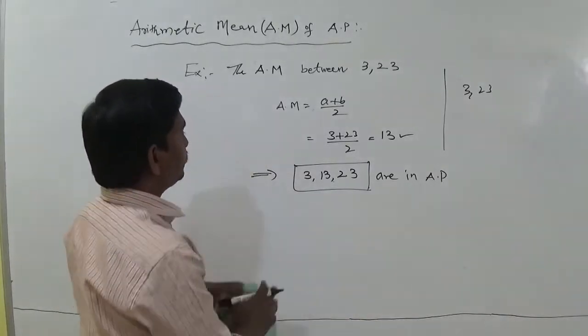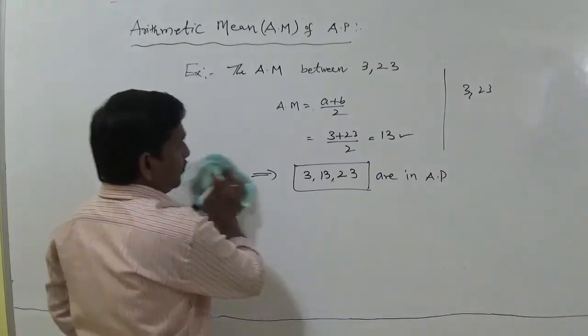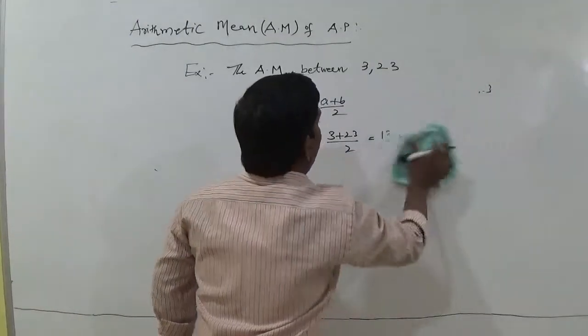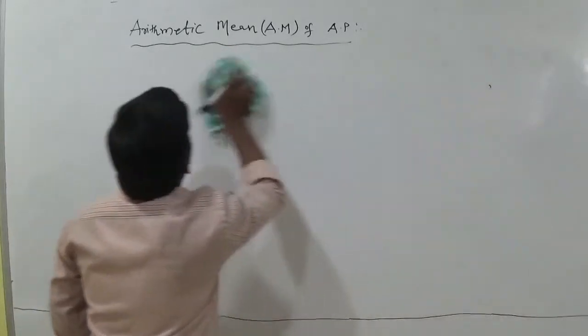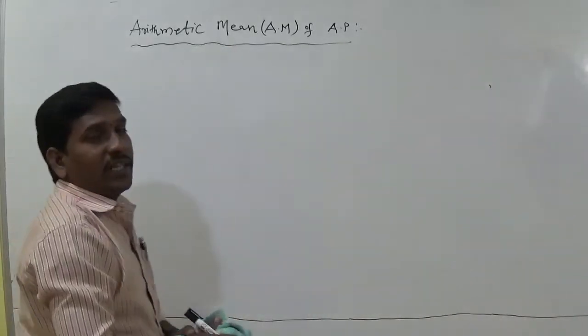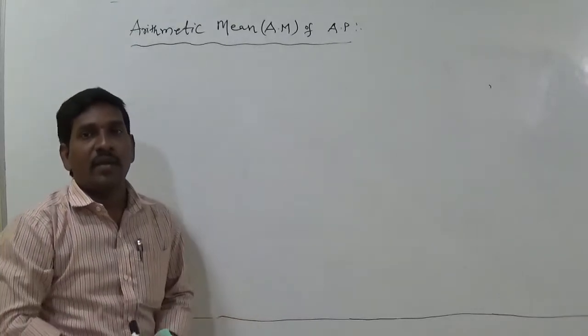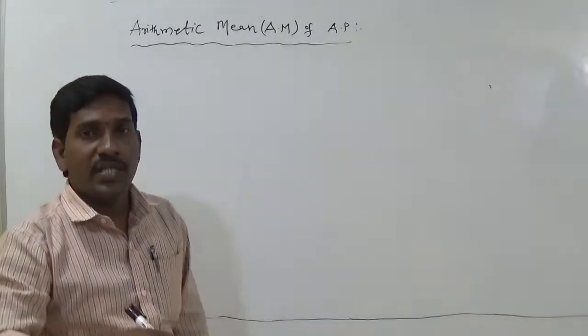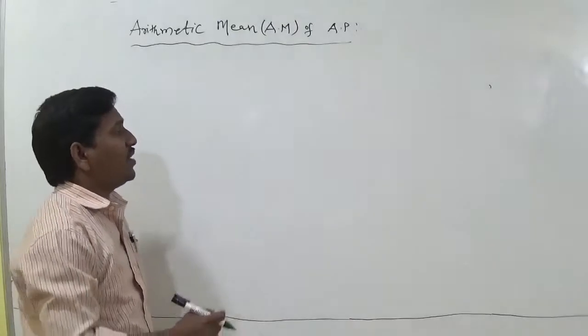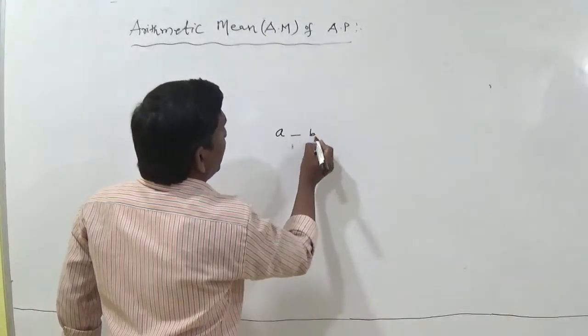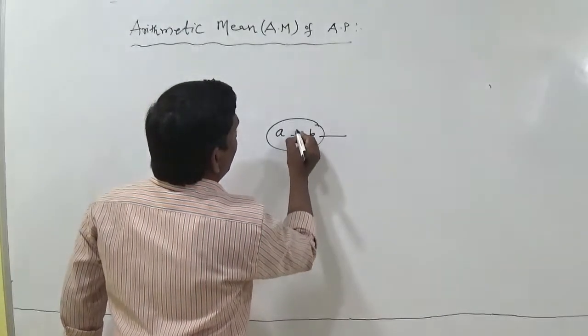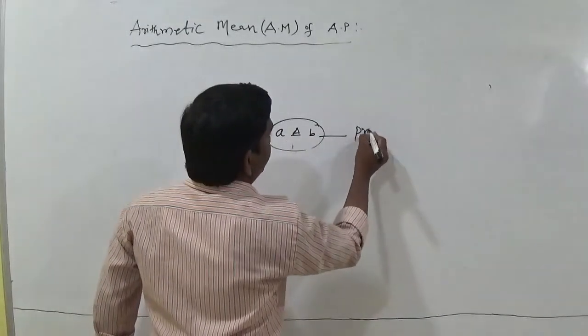So by inserting the arithmetic mean between a and b, they become a progression.